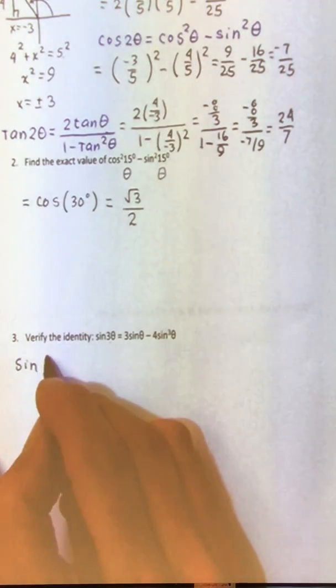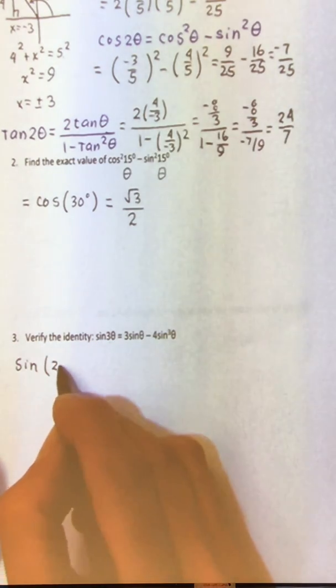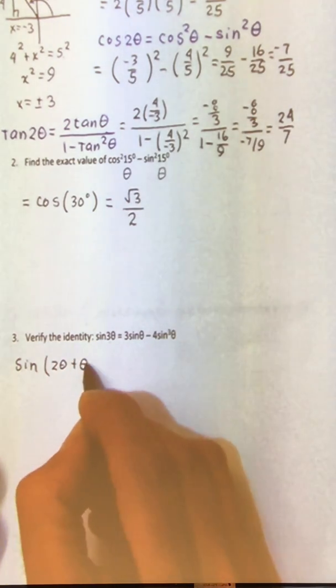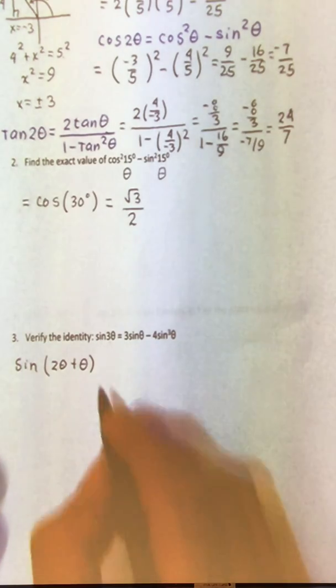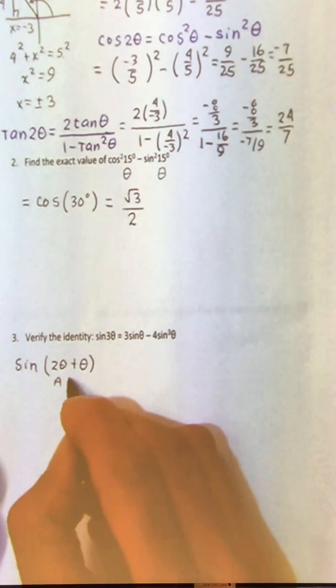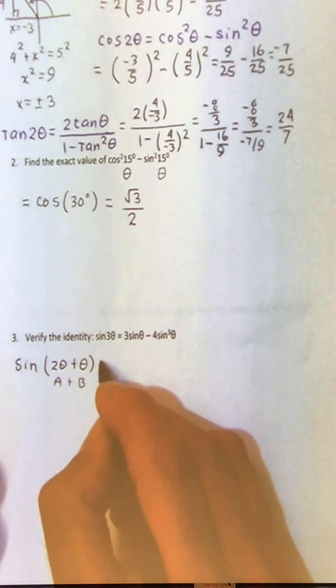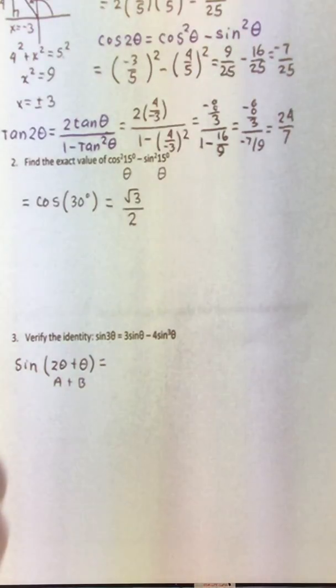So I'll have to rethink sine 3 theta as 2 theta plus theta. And then I'll use my identity for sine of the sum a plus b, and I'll write that out while I'm doing it.